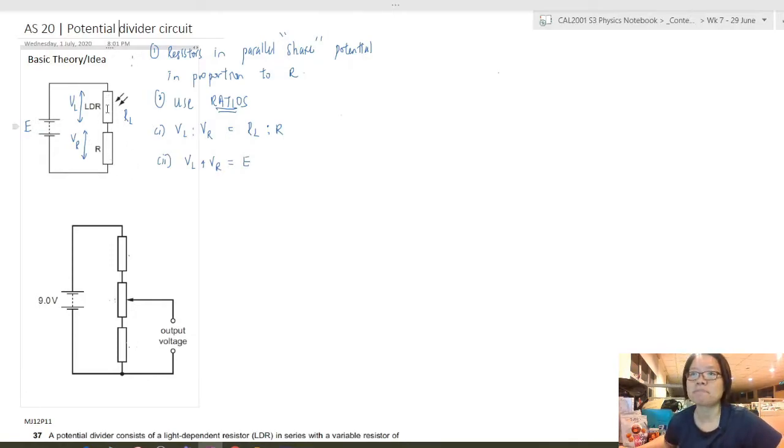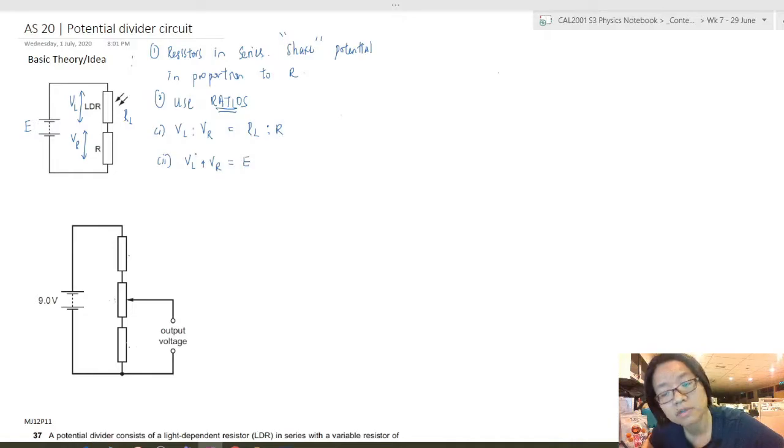So if they are in series this way, resistors in series will share potential in proportion to R. My whole idea here is you use ratio. If you've not watched my videos before, or if you've not heard me say this, listen carefully.